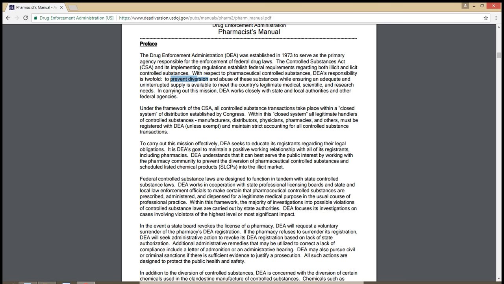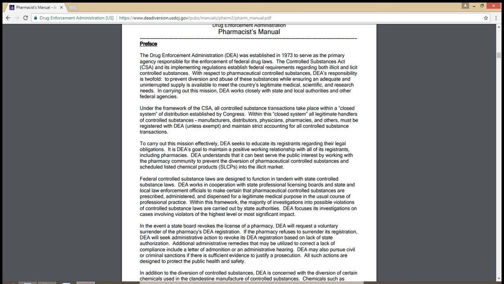And then, of course, to prevent the abuse. So if you prevent the diversions, then you reduce the abuse of that medication. And then ensure an uninterrupted supply to those who need that medication, if it's for medical use, scientific, or research needs. So these are the main goals for the DEA.